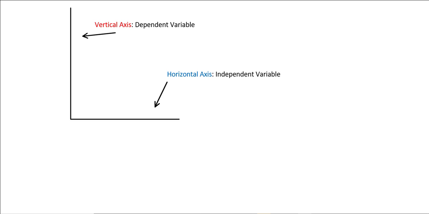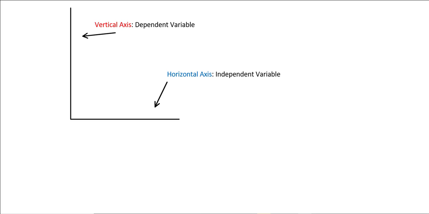To make this idea more concrete, let's reintroduce the variables from the previous example about going to a restaurant. We'll use the variables C and N, the cost of going to the restaurant and the number of people going.